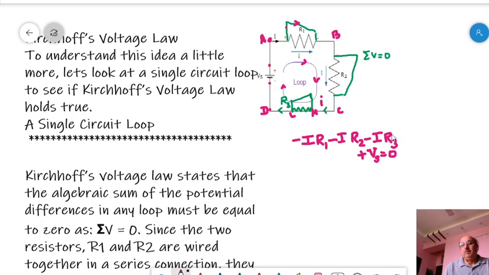Now we may write this equation as Vs is equal to I R1 plus I R2 plus I R3.